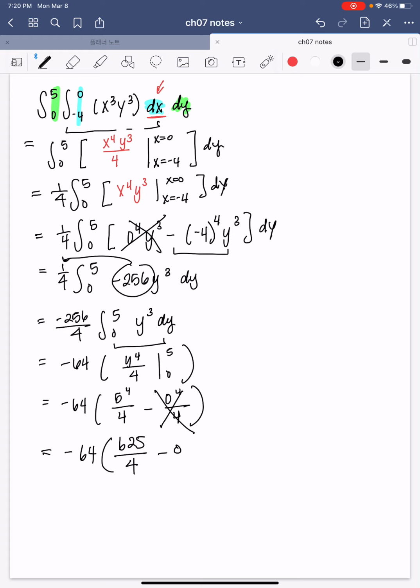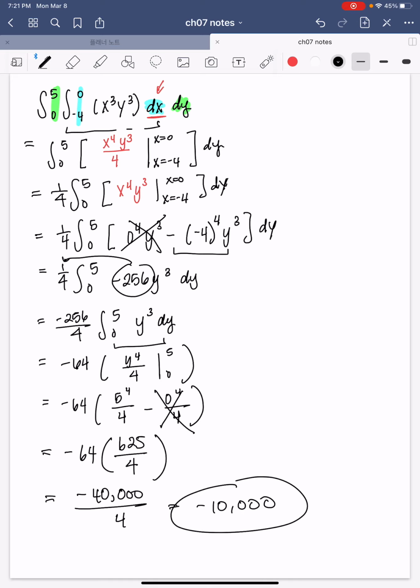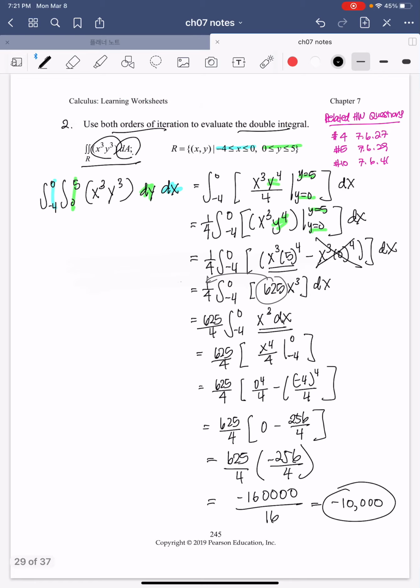This one is a 0. Okay, so negative 64 times 625 is negative 40,000 divided by 4. We get negative 10,000, which is exactly what we have with the previous page.